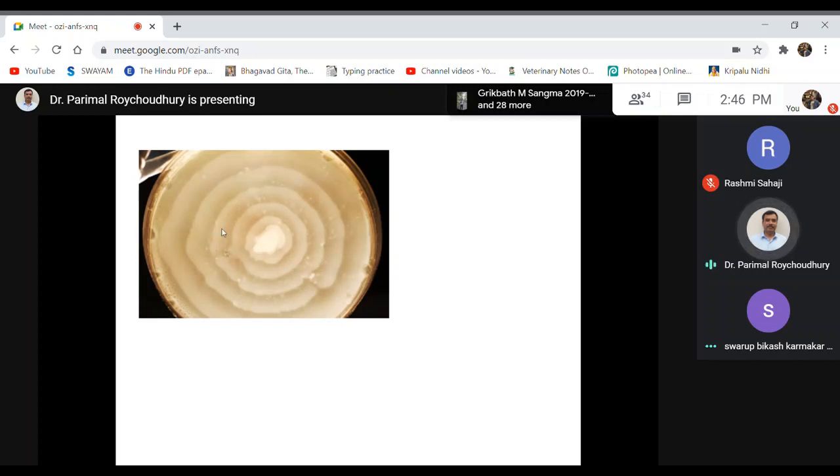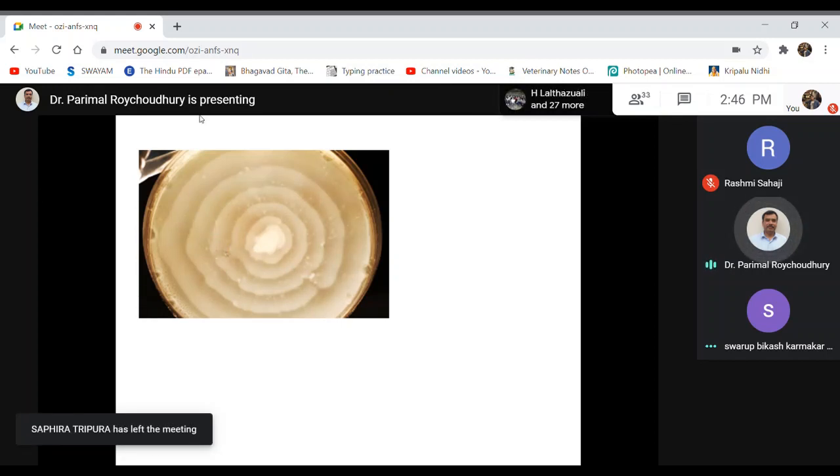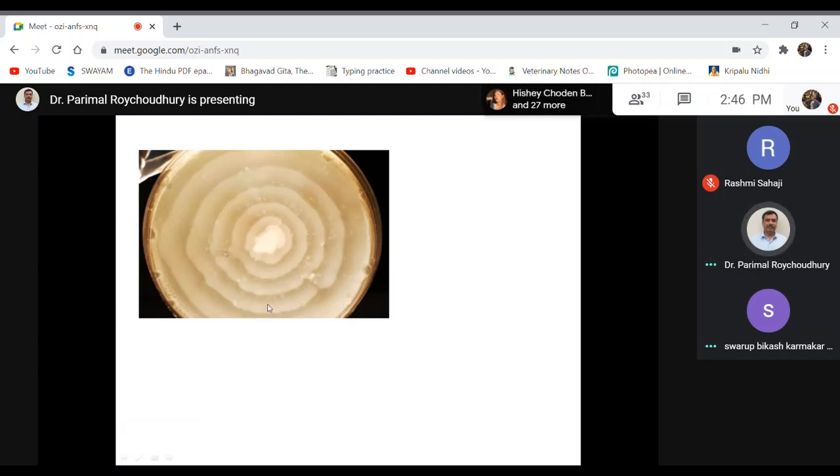I mean, they will be spot inoculated into a culture plate, and gradually they will spread to the periphery with this kind of growth. And now, if you just look at these characteristics in a culture plate, we don't need any other identification system. Straight away, you can say, yeah, it is Proteus species.